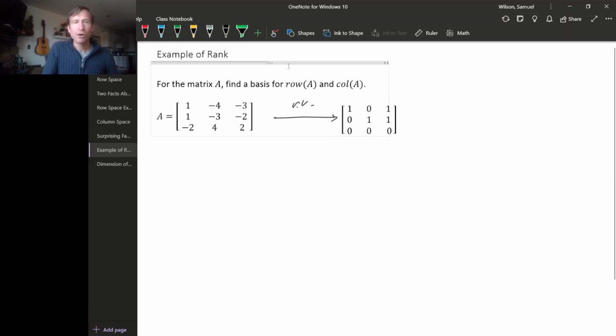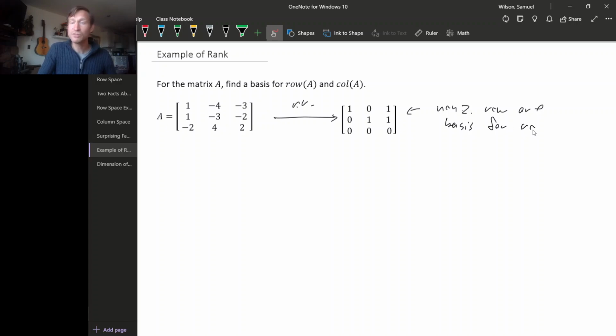Now, when we get to the reduced row echelon form, we know that the non-zero rows are a basis for the row space of the original matrix, because row operations don't change the row space.